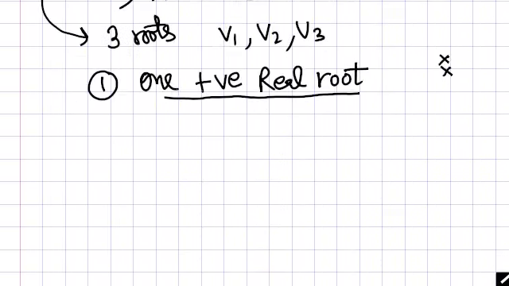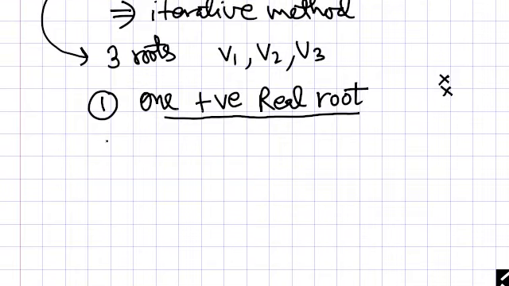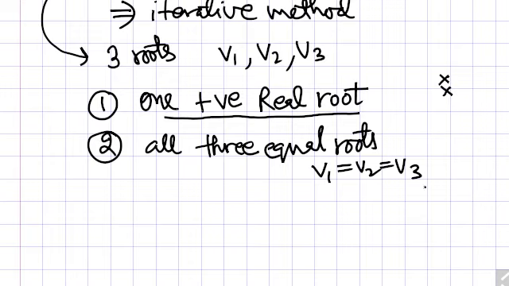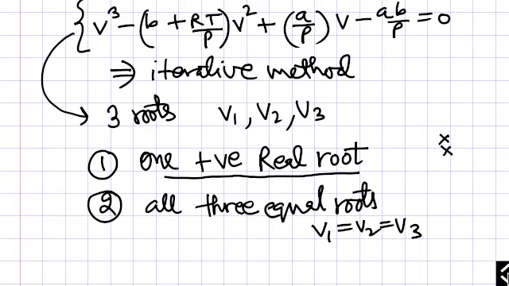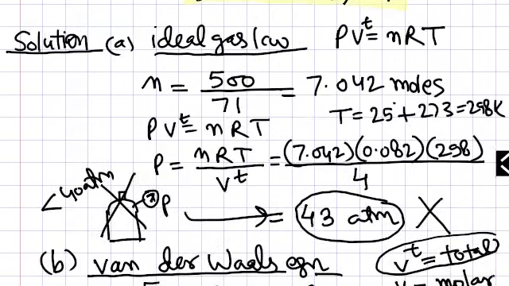And the second possibility may be that you get all roots equal. You will get 3 roots, and all the roots you find, that means the positive roots, will be equal.